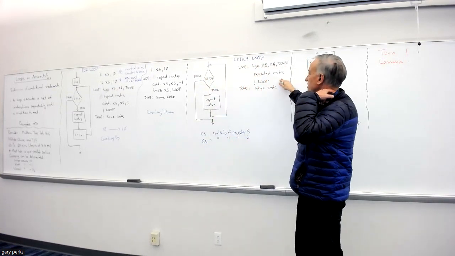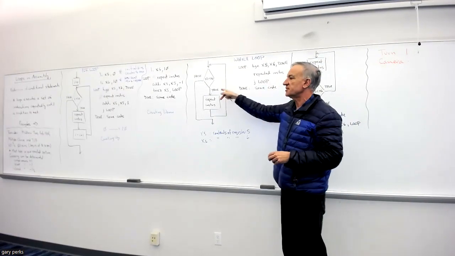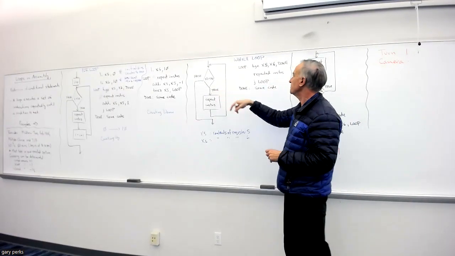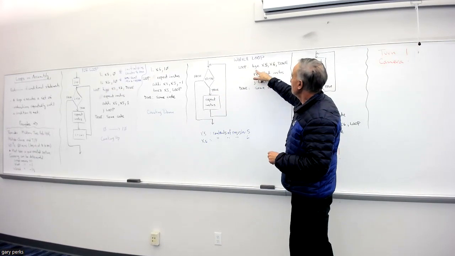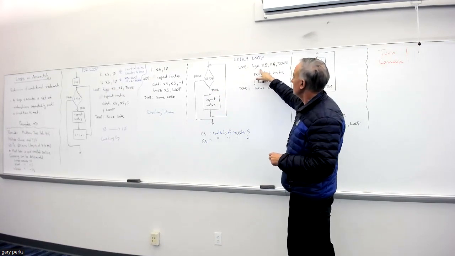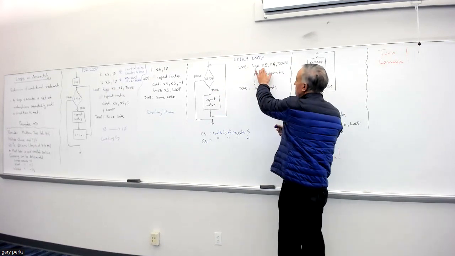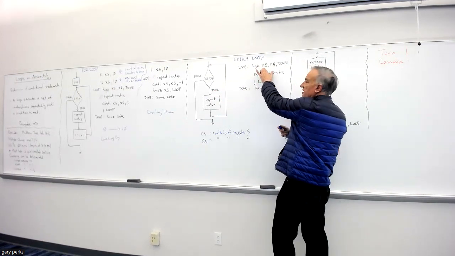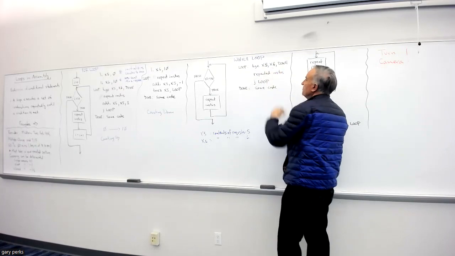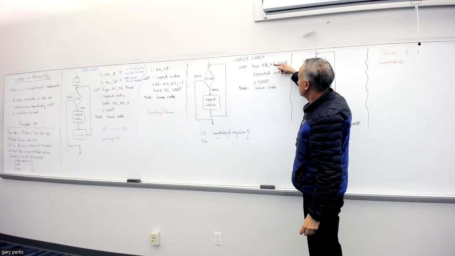So this would be the assembly code that you would need for this type of loop, for this flow chart. You can see we're using a branch if greater than or equal to. Right? So it's looking to see whether contents of register 5 are greater than or equal to the contents of register 6. If that's true, it goes into the loop.